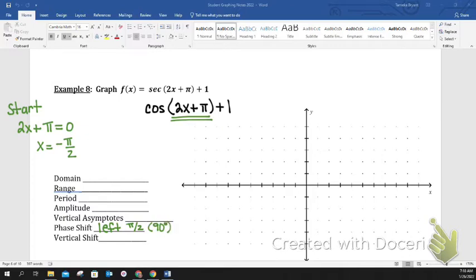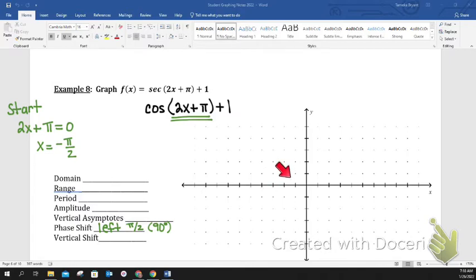So I'm counting by 45s. If I'm counting by 45s, or pi over 4, that means I have to hop twice to the left. So this is my start, right here, because this is negative 90.